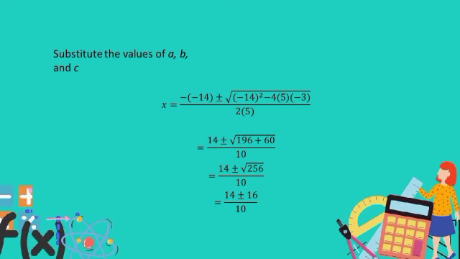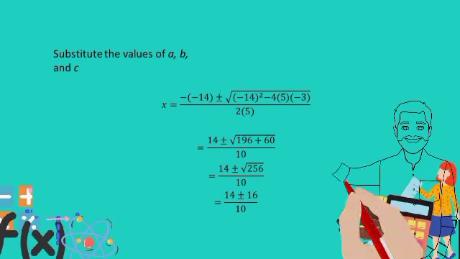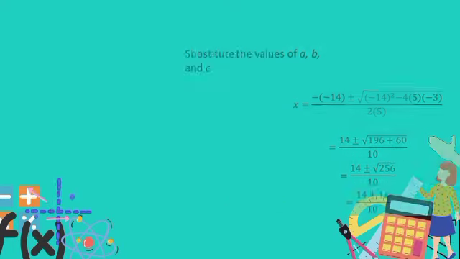So first, simplify the equation. In the radical, we have 196 plus 60, all over 10. So we come up with 14 plus or minus the square root of 256, and the square root of 256 is 16. So we have the equation 14 plus or minus 16 all over 10. Very good.